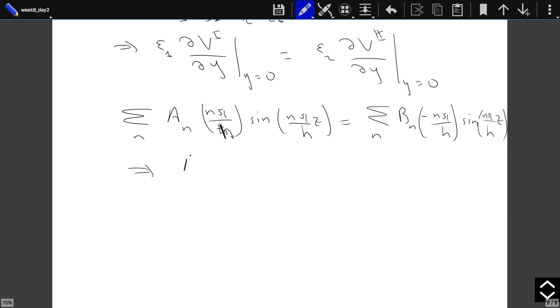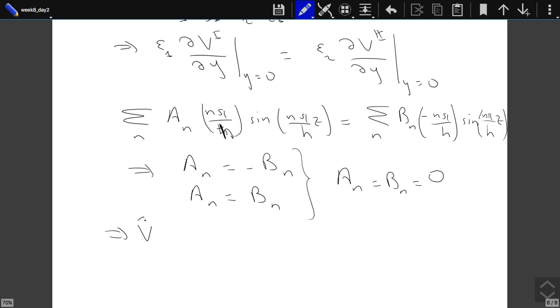This tells me that a_n is equal to minus b_n. But at the same time, a_n is equal to b_n. So a_n is equal to b_n, and this is equal to 0. This tells me that V tilde is equal to 0.